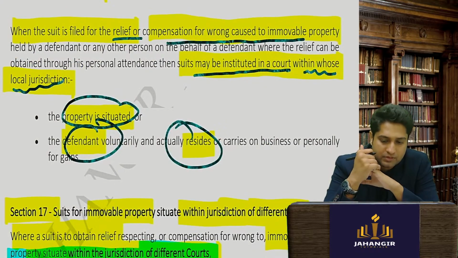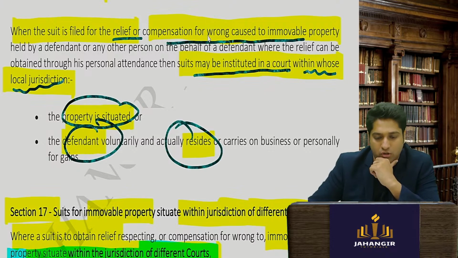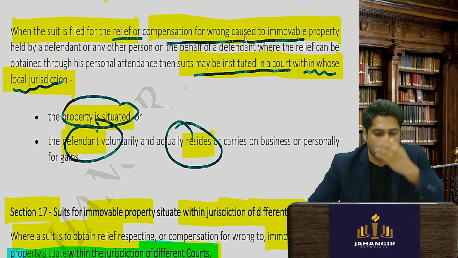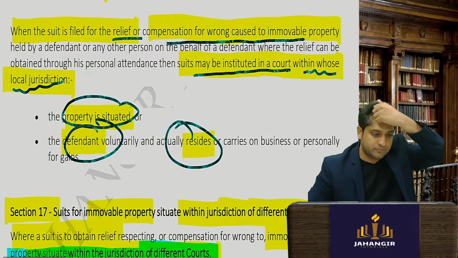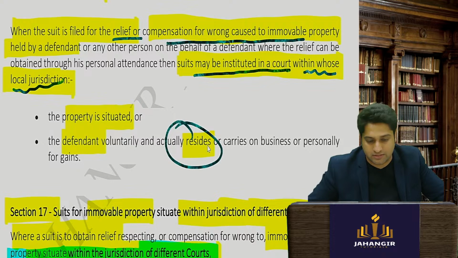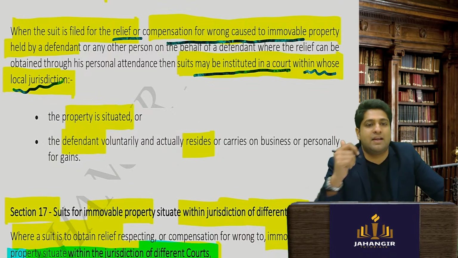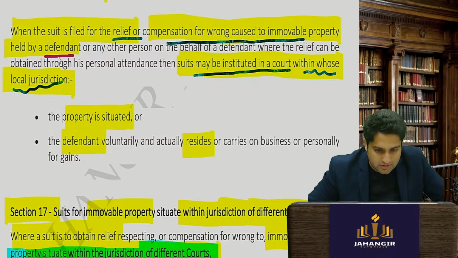Now, for suits for relief or compensation for wrong caused to immovable property held by the defendant, the suit may be instituted in the court within whose jurisdiction the property is situated or where the defendant resides. Now see, an option has been given when you're filing a case against the defendant for something wrong done to the property.